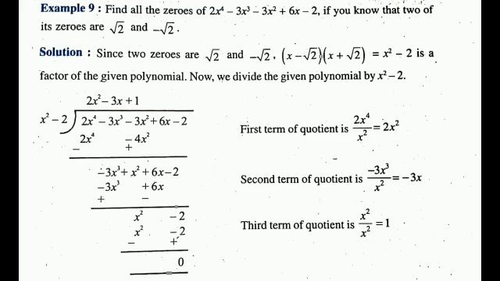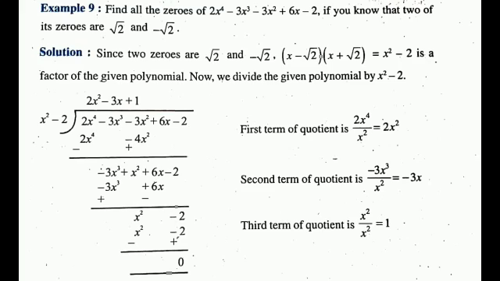The dividend is 2x raised to the power 4 minus 3x cube minus 3x square plus 6x minus 2, and the divisor is x square minus 2. The first term of the quotient is 2x square. After its simplification, we are left with minus 3x cube plus x square plus 6x minus 2.